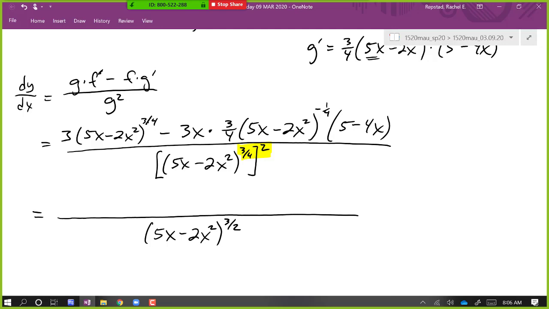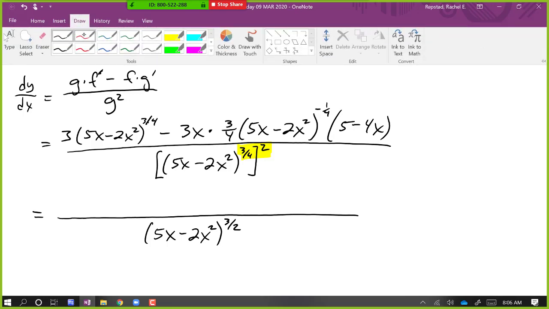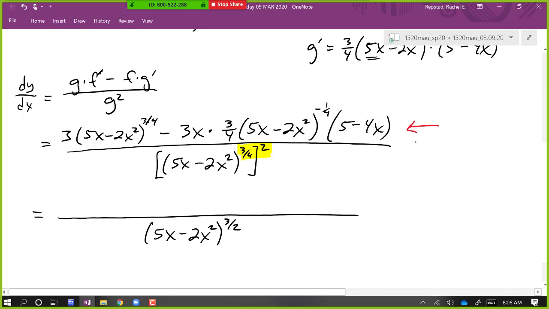And then we want to work on the top. How do we go about simplifying what's going on up top? Common factor. Yeah, and what is that common factor we could take out? 5x minus 2x squared. Yeah, to which power?